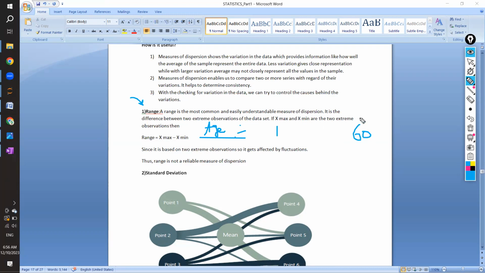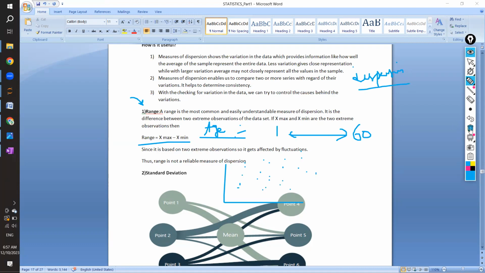So this is the spread of the data. If you plot these values in space, you can see the shape and form of this. But this range, 60 minus 1, is one type of dispersion. They call this one type of dispersion, that is the range.